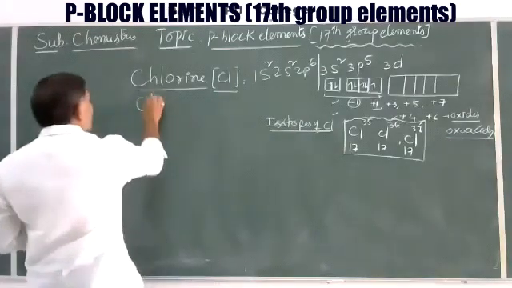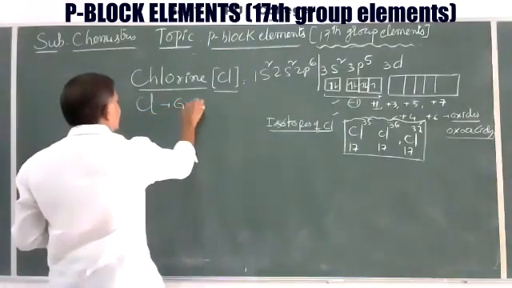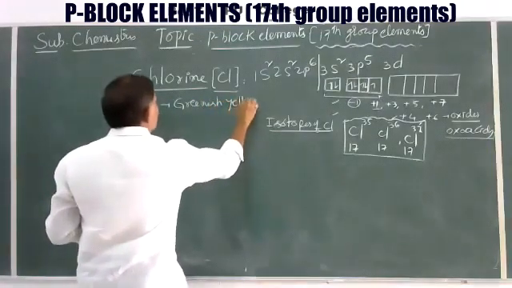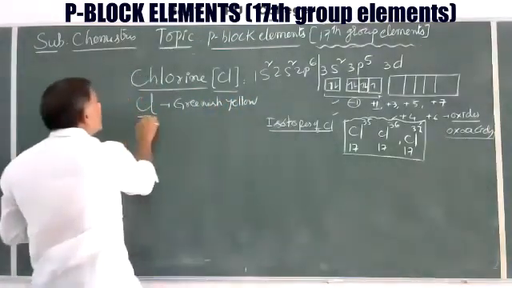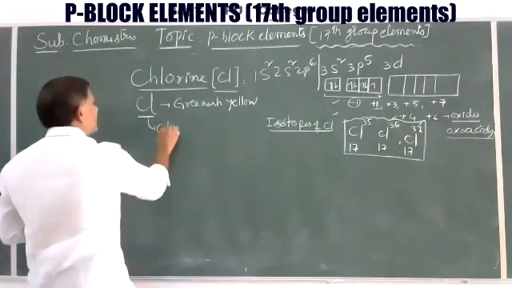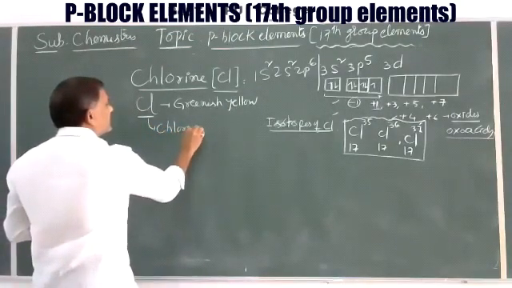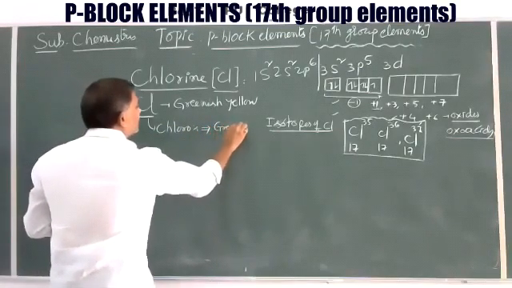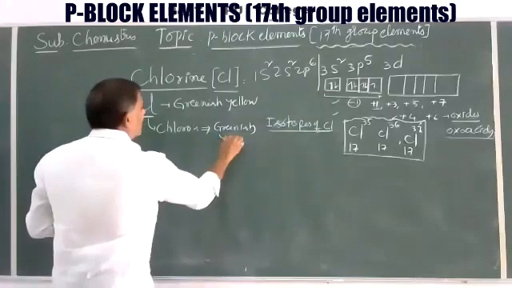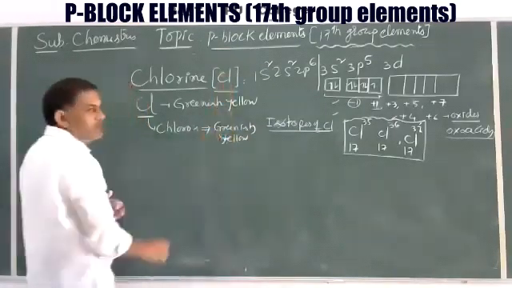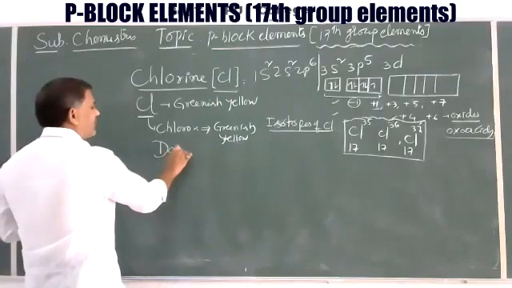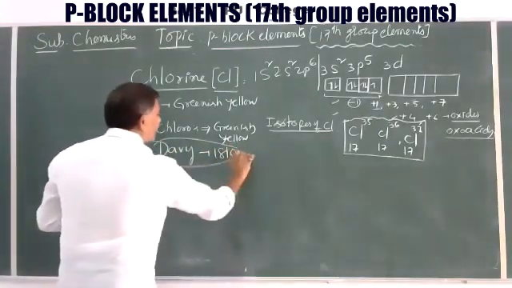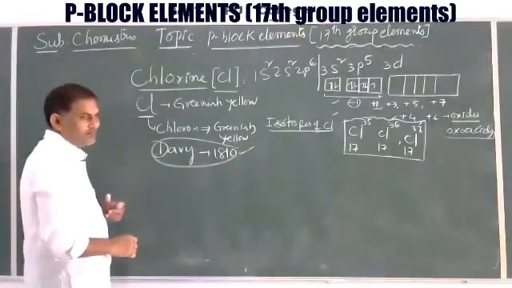Generally, chlorine is greenish yellow in color. Chloros is nothing but, in the Greek language, greenish yellow. So the scientist Davy, nearly in 1810, observed the color.